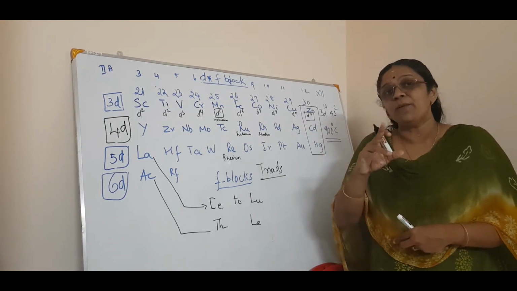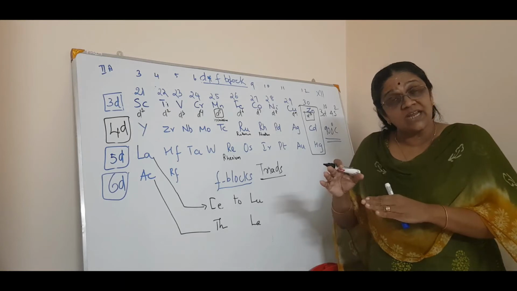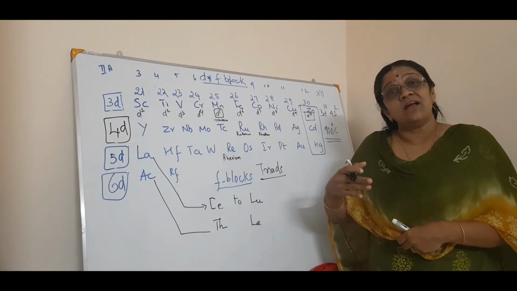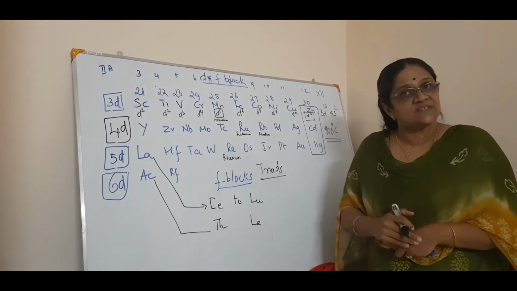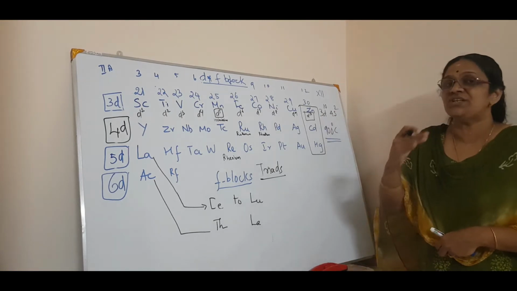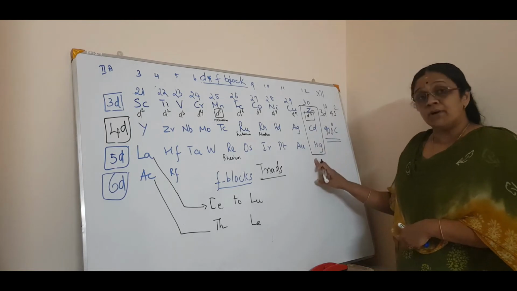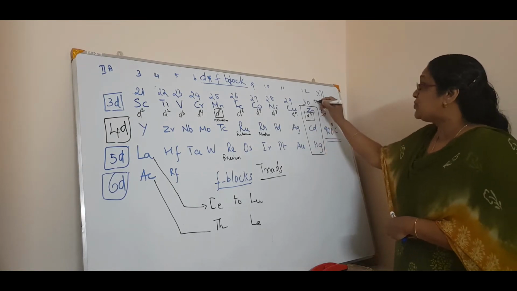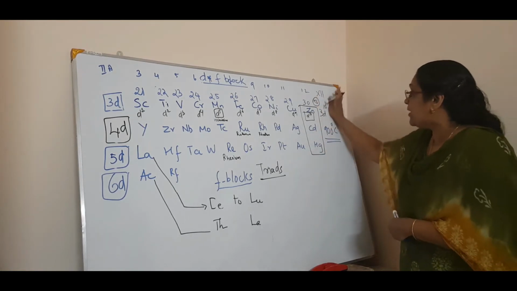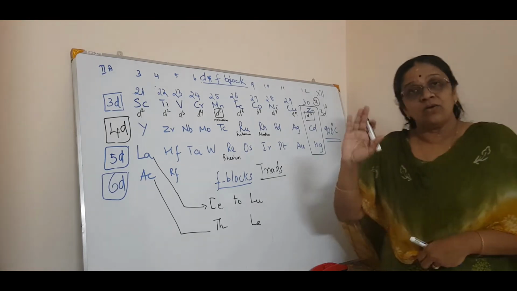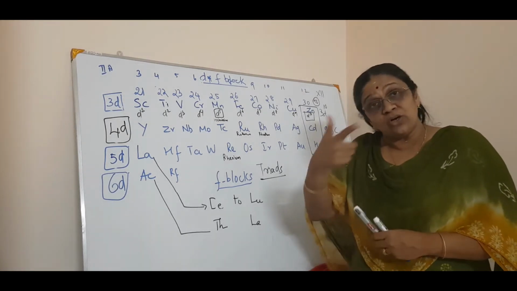That is more exact, incomplete d orbital. And also one more point, in the ground state as well as in its normal oxidation state. Now when you talk about the normal oxidation state, zinc, cadmium, mercury have a +2 oxidation state. +2 means what? These s electrons are going out. Then also what happens?